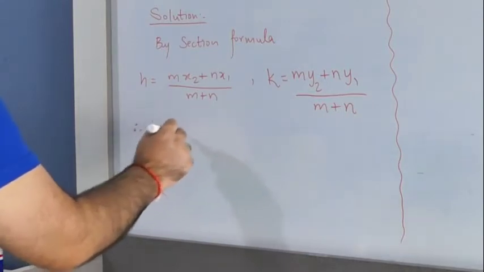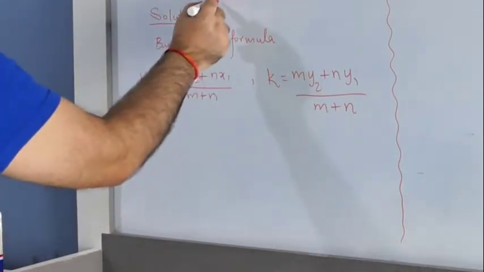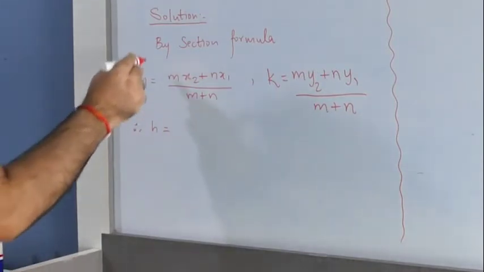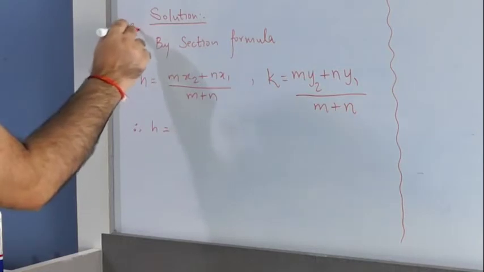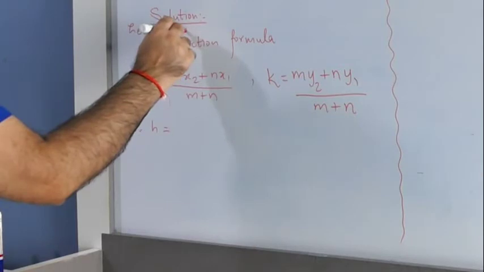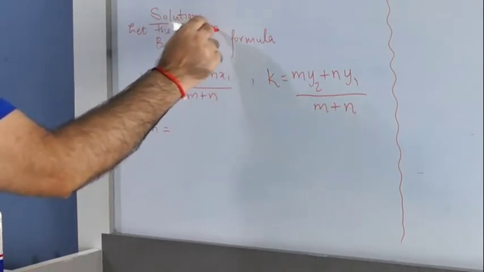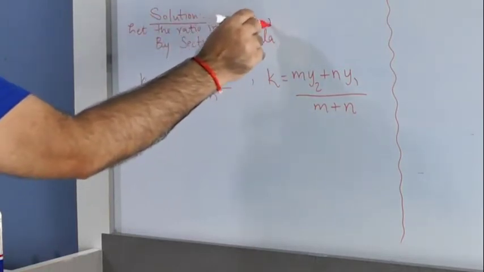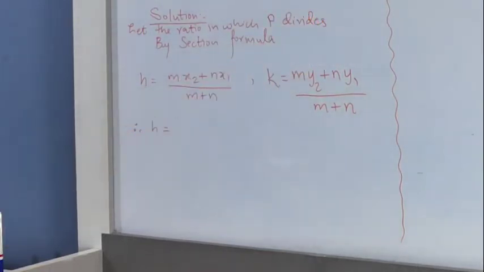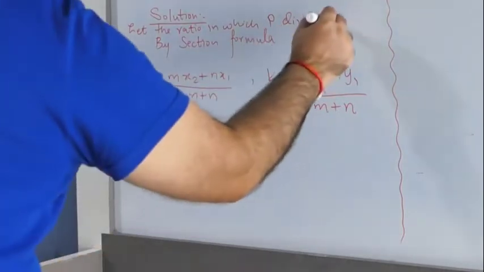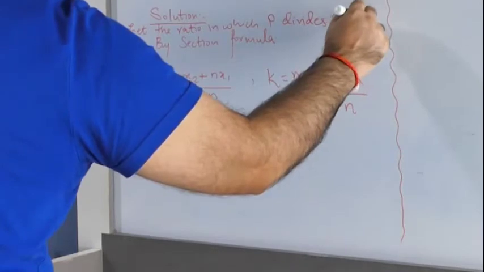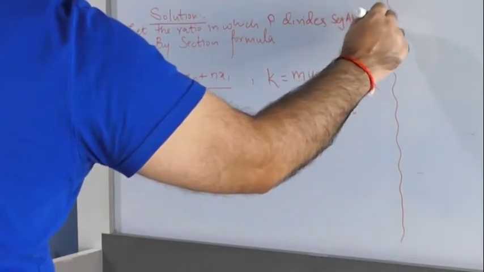h equals, the value of m is going to be 2, but we will have to first mention that. Let the ratio in which P divides segment AB be m:n.